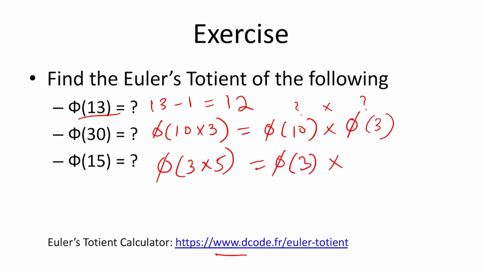Similarly, to calculate phi of 15, either you can use the manual approach or you can do phi of 3 into 5, or phi of 3 times phi of 5, and whatever comes out here, you can multiply these two. So of course, for phi of 3, you just need to do 3 minus 1 because it's a prime number, so this gives you 2.